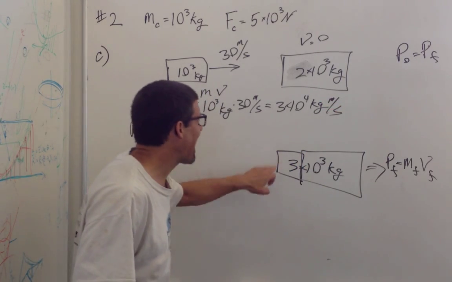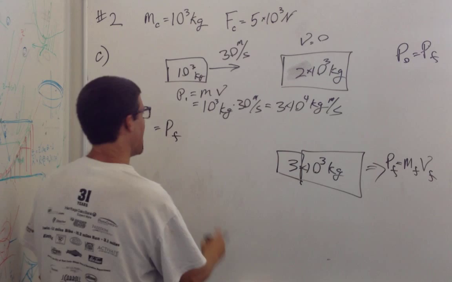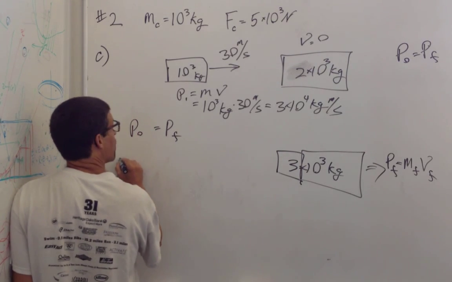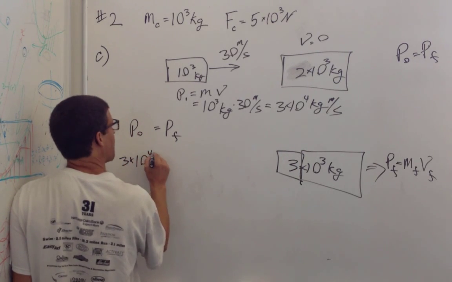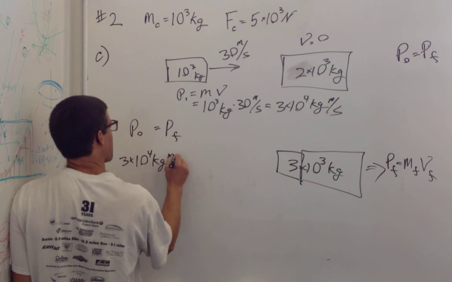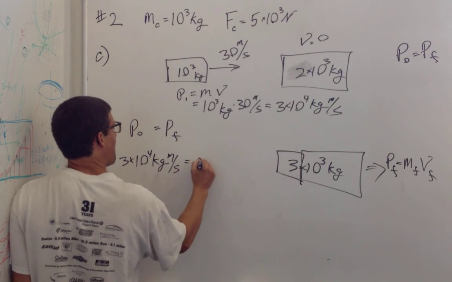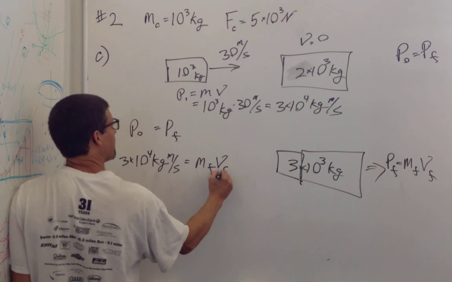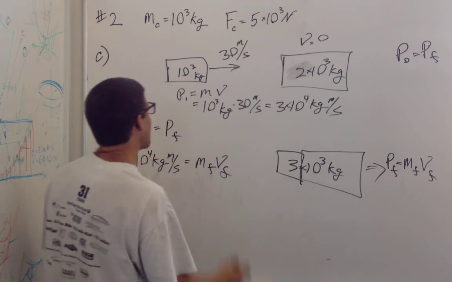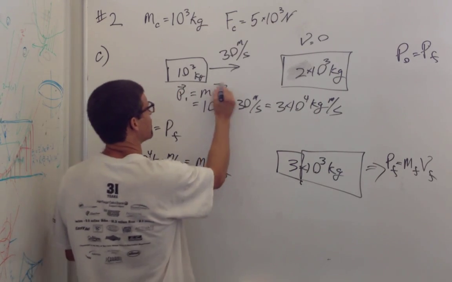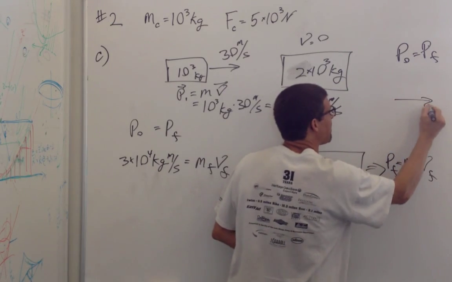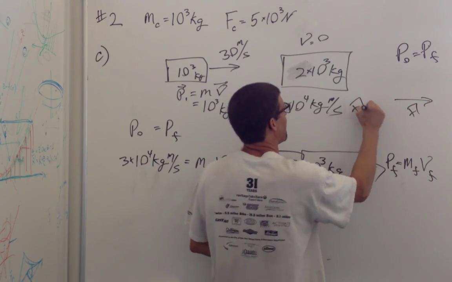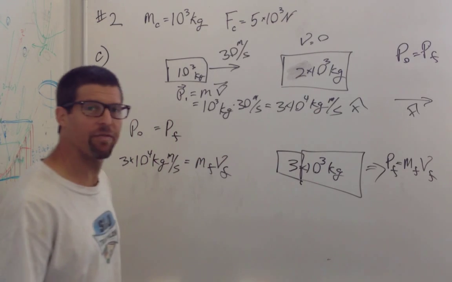And so I know that has to be the momentum of this guy, and so I can just write it out. 3 times 10 to the fourth kilogram meters per second is equal to mass final times velocity final. Okay, and I can recognize that these are vectors, and that I can define this as the positive x direction, and I'll make this a positive x vector.